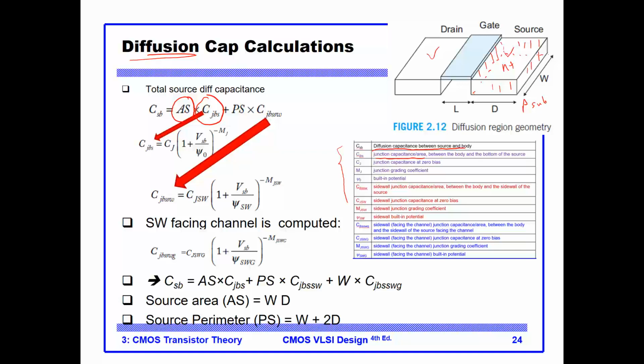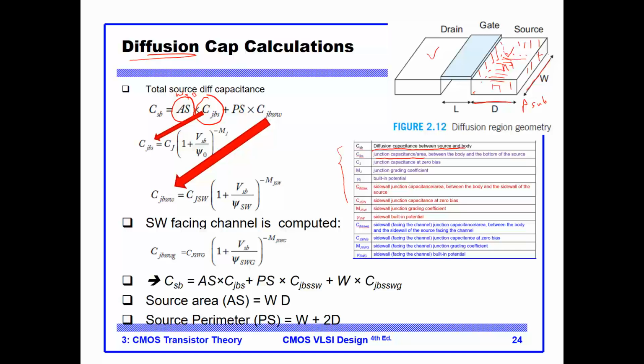This gives the bottom diffusion capacitance. The area is W, the width, times D. So W times D is the area of the diffusion, where D is the length of the drain or the source.